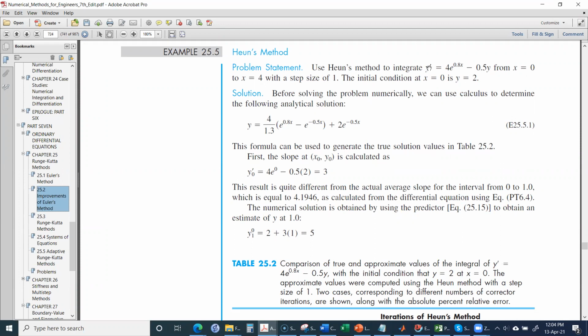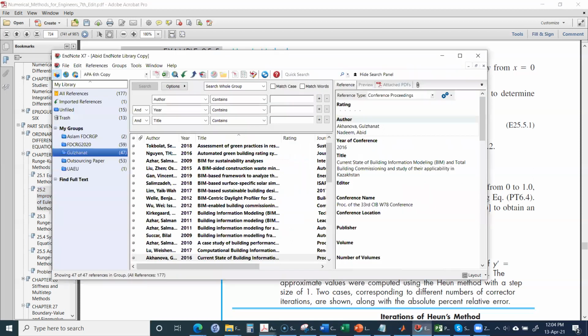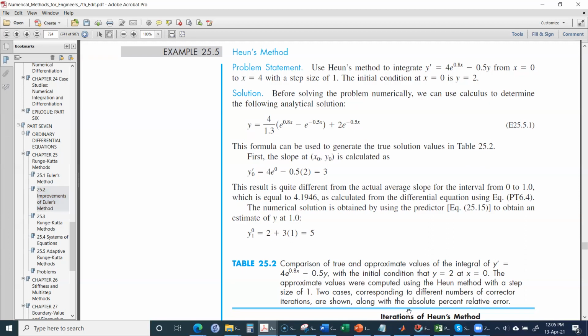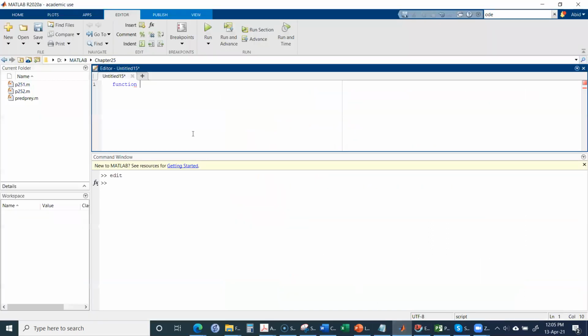Y prime we can represent by yp, or we can also represent it as dy dx in MATLAB. So I represent it as yp. Yp means y prime equal to, and now I will give the name of the function, which can be anything.